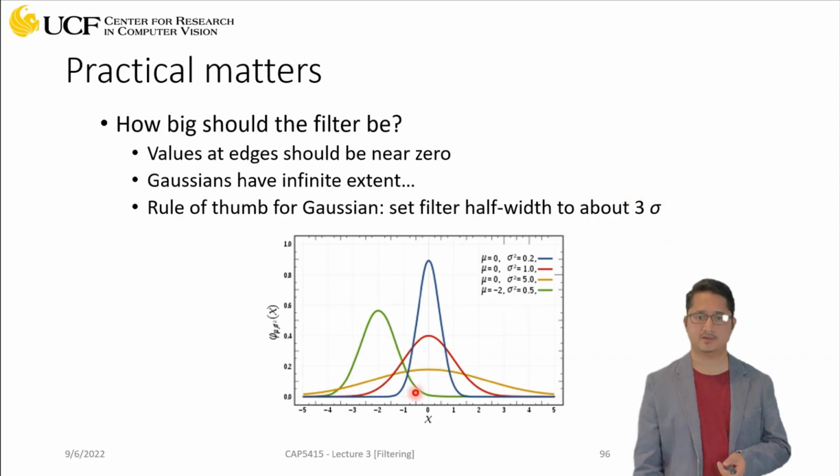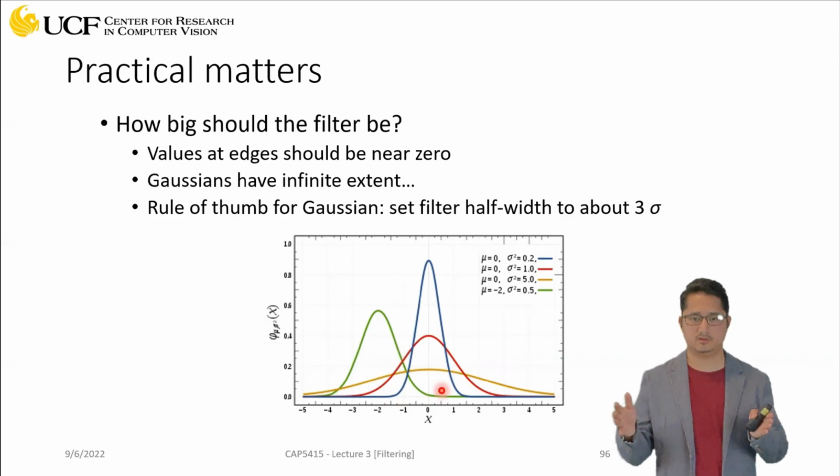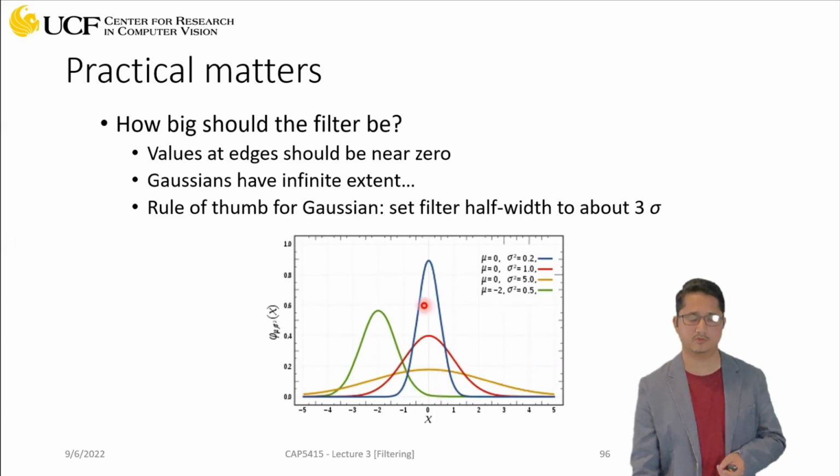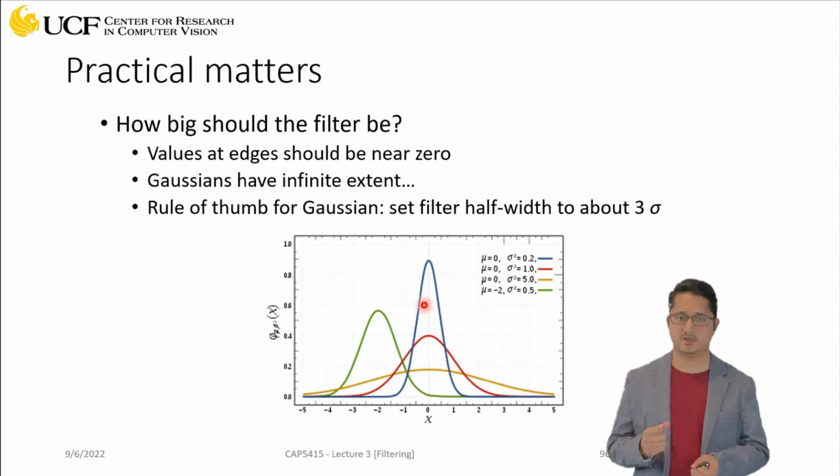The intuition behind that is, for example, you have this green Gaussian kernel. This is thicker, which means it has a bigger standard deviation because the values are deviating a lot. And if it's a very high peak, like this blue one over here, it means that it has a small standard deviation.